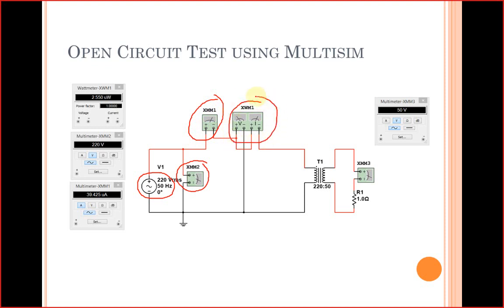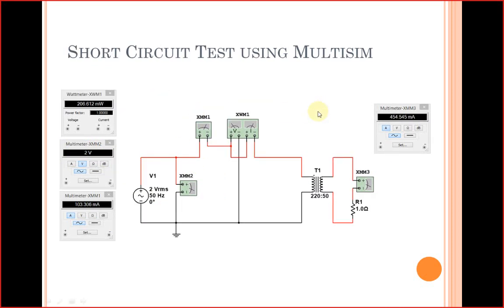This is the wattmeter, connected to the primary of the transformer, and here we have connected a voltmeter to the secondary. These values are shown here: this is the voltage, this is the current, and these are the watts. So this is a simple open circuit test, and in the open circuit test there will be only one value, because there is only one rated voltage most of the time, so we will have only one reading.